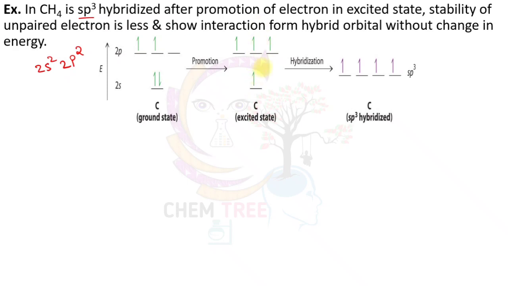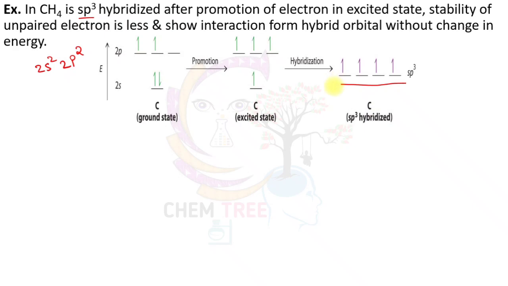When they interact, they undergo hybridization and form sp3 hybrid orbitals having unpaired electrons in each orbital with the same energy. Here there is no change in energy of the orbitals.